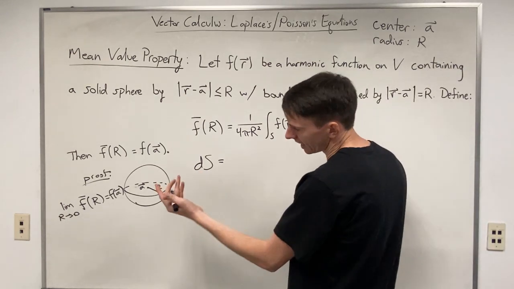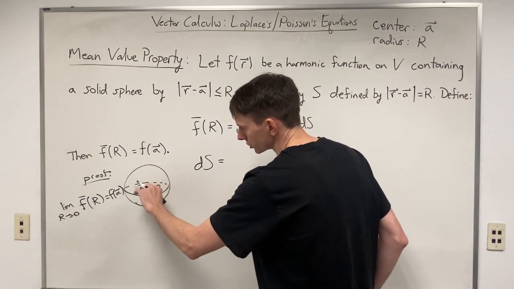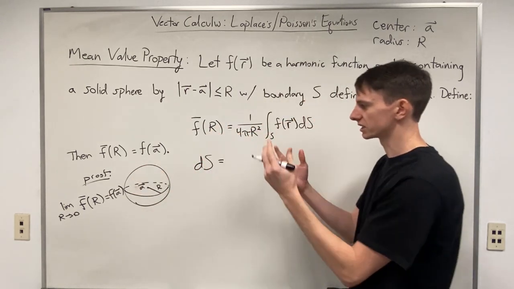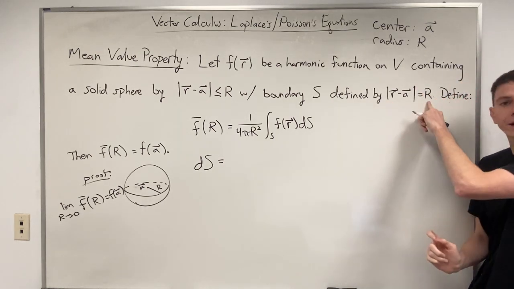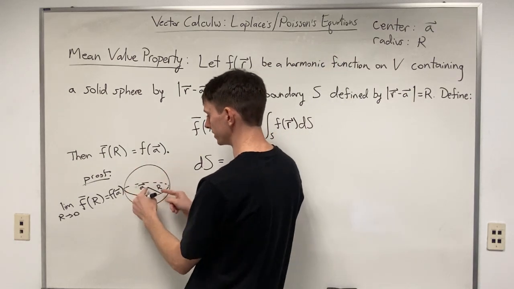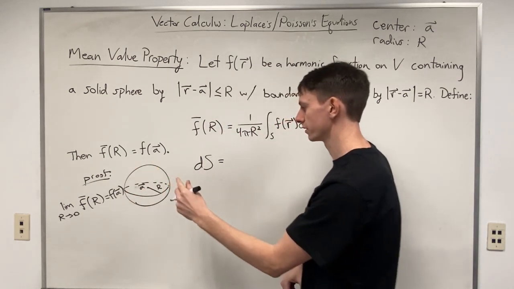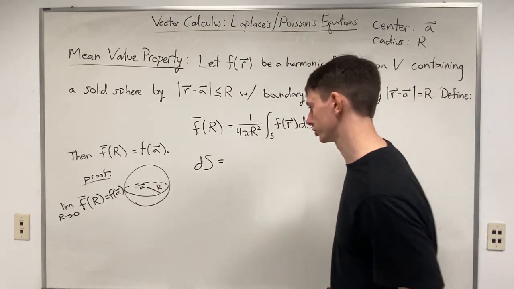And we just have to ask, what are those spherical coordinates, right? And along the outer surface of the sphere, like we mentioned, all the points are going to be a constant radial distance from the center. All of the points on the surface are going to be a distance uppercase R from the center. So the radial coordinate's going to be constant. It's the angular coordinates that are changing.